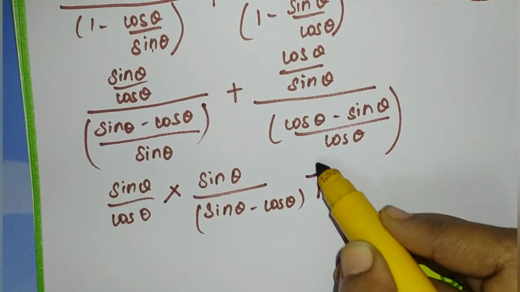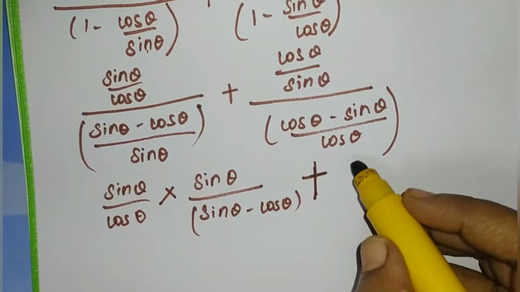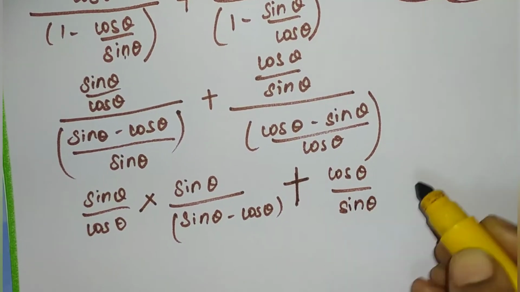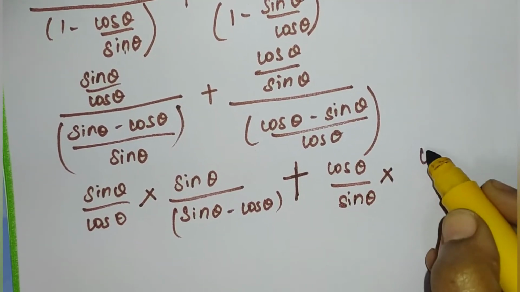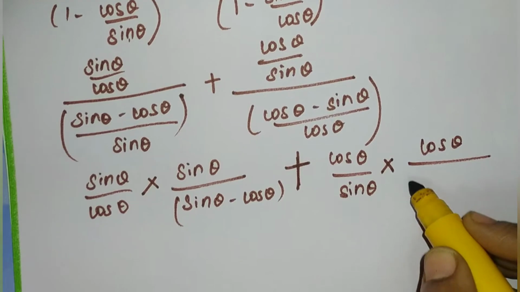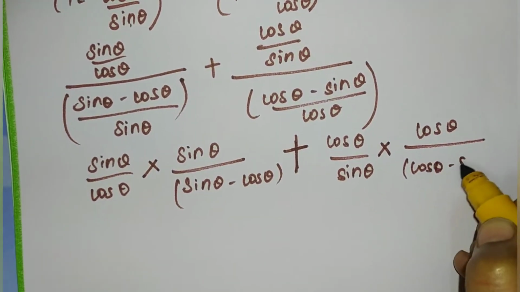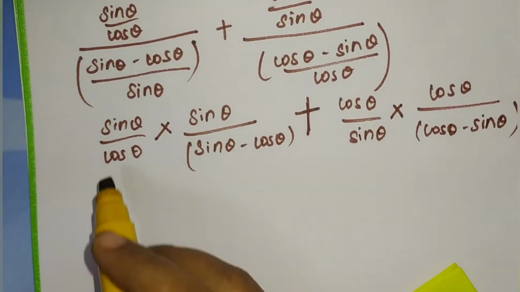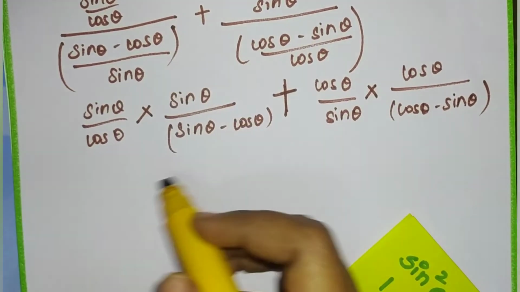Then plus cos theta divided by sin theta multiply cos theta divided by cos theta minus sin theta. Clear?